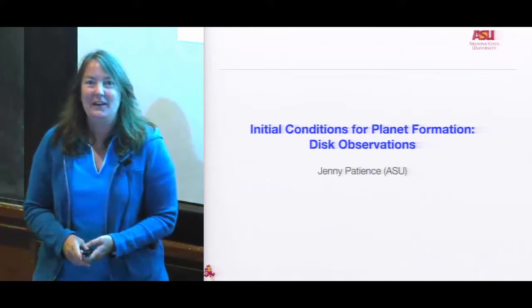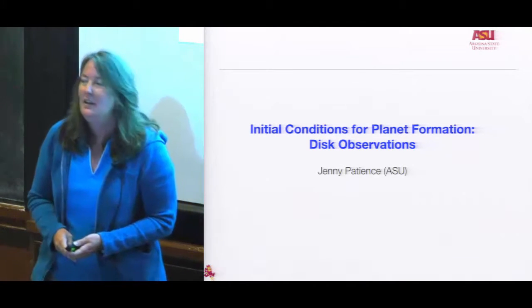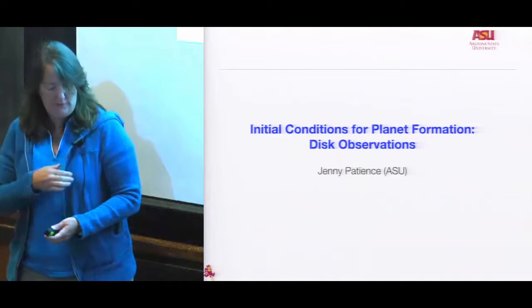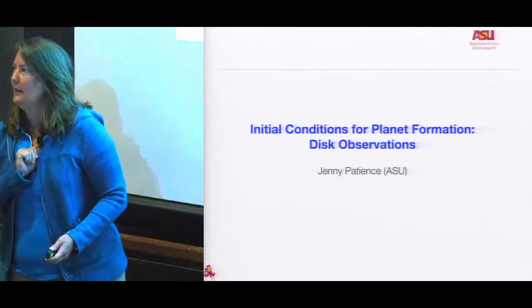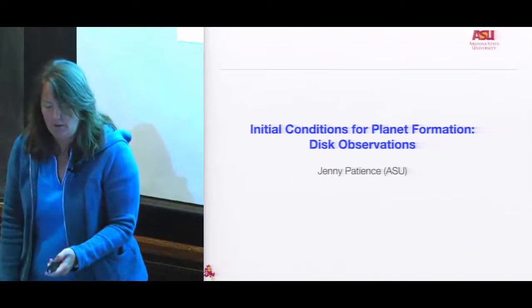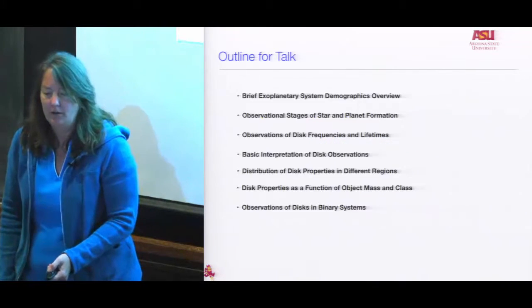So I was asked to give an overview about some of the current observations on disks to understand some of the initial conditions that might be impacting the demographics. That is the purpose of the workshop this week.